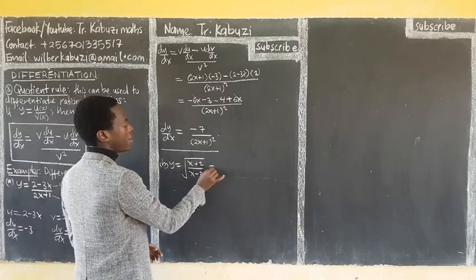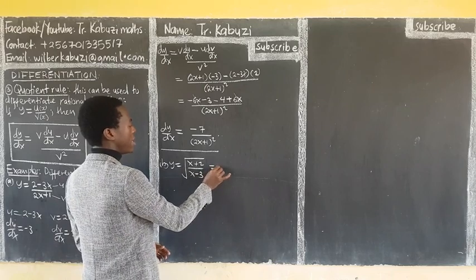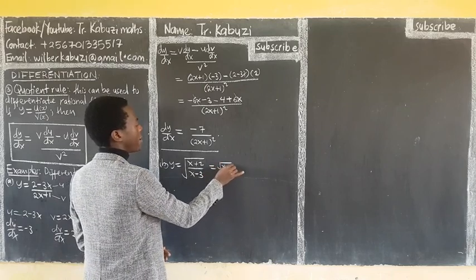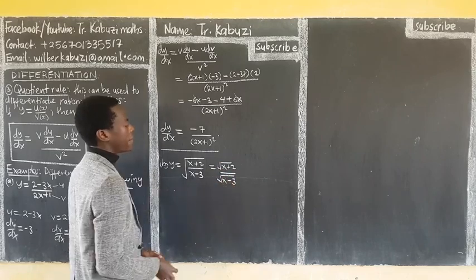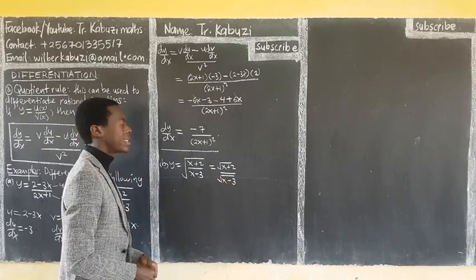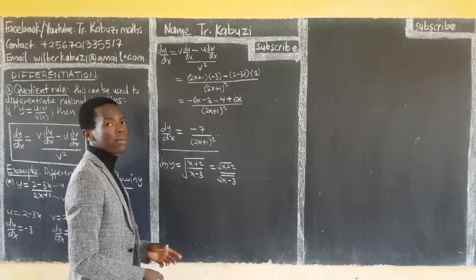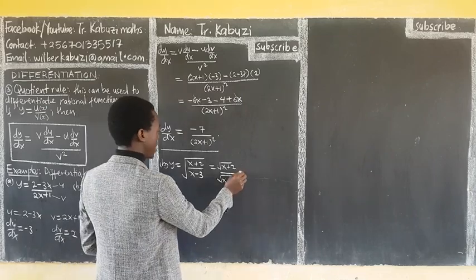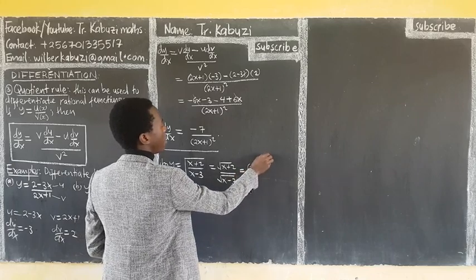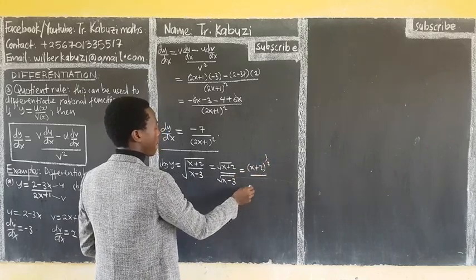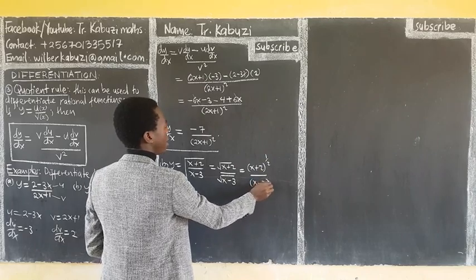So this will be root of x plus 2 over root of x minus 3. A root is the same as a power of a half. So this gives me x plus 2 power half over x minus 3 power a half.